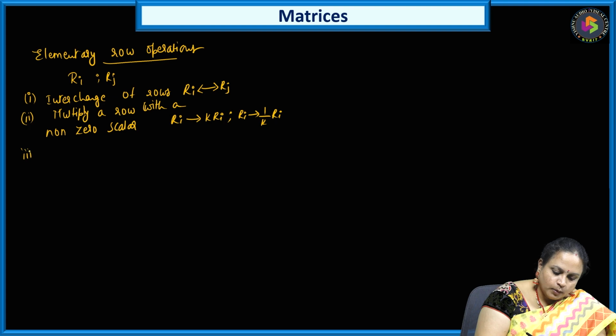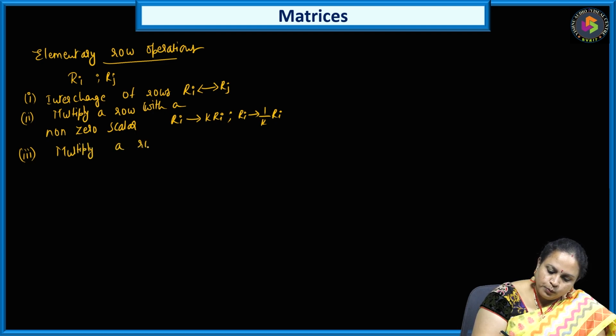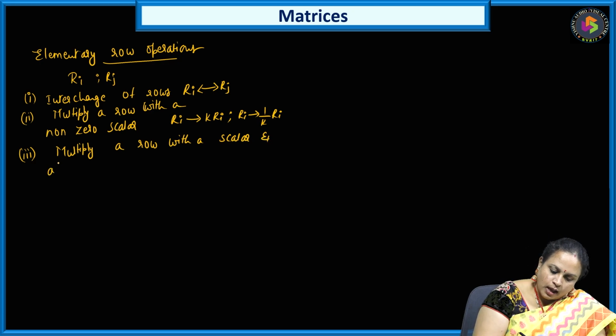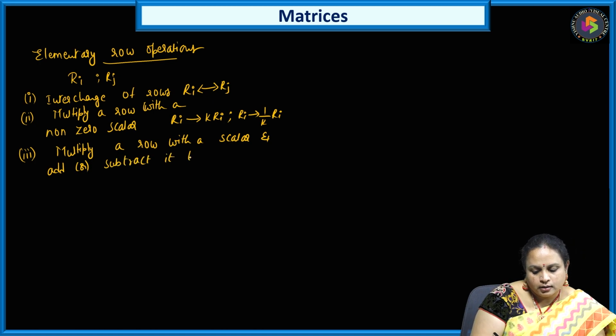Then the third operation, you can multiply a row with a scalar, and add or subtract it to another row.